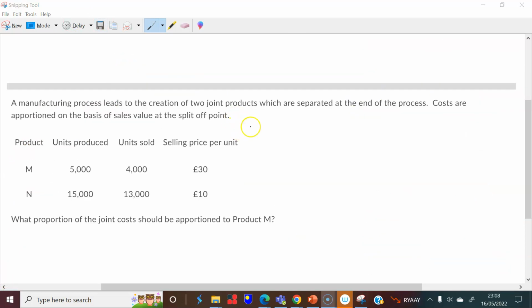Right, this is the second question, and this is to do with a process. Sometimes you get questions where you're actually given the actual joint costs, and you actually have to split them up. So it could have been 50,000.